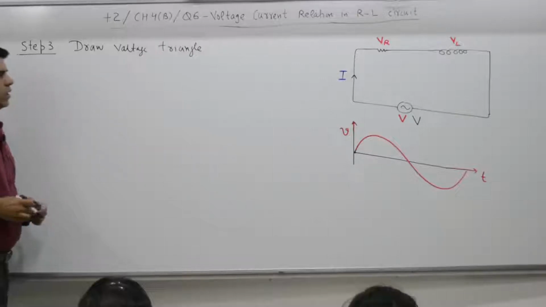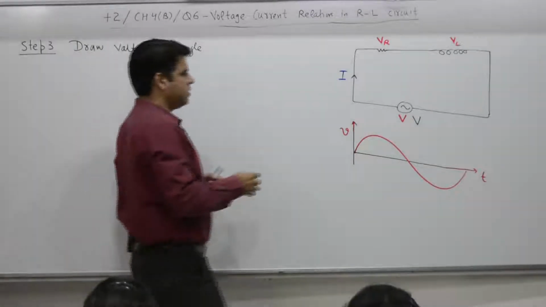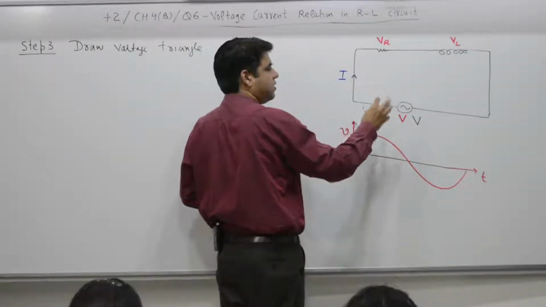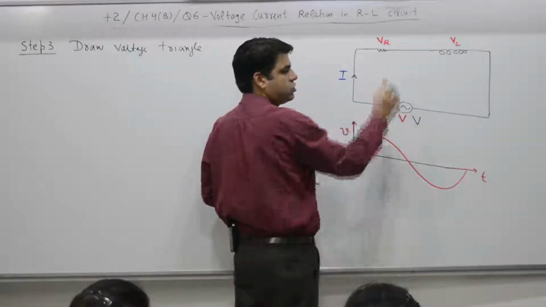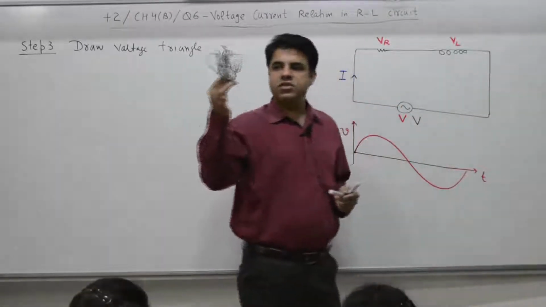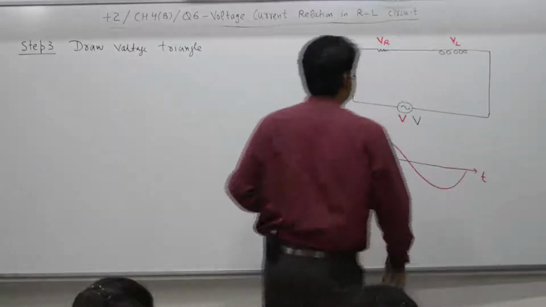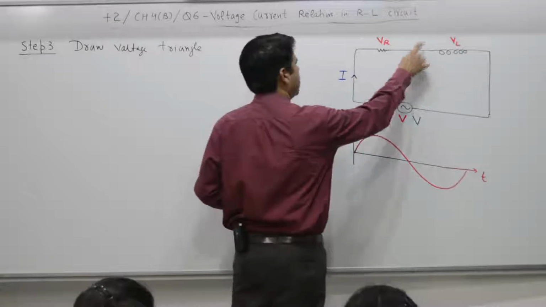So now how many physical quantities do you have here? You have the applied voltage, that is alternating voltage, domestic supply connected across a solenoid, which is a combination of resistance and inductance. So you have applied voltage V, I, VR and VL.